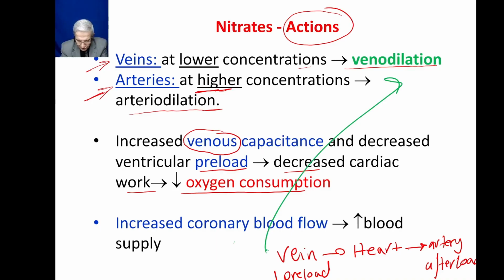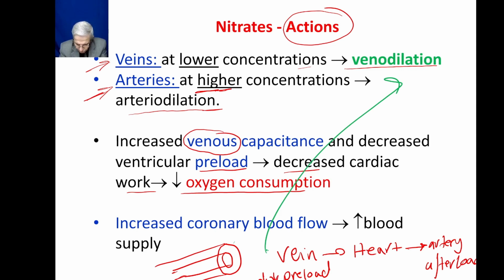As the action of nitrate causes venodilation, that means the diameter of the veins will increase, and you can see that we are going to have more blood remaining in the veins and less blood coming into the heart, and this is demonstrated by decreased preload.